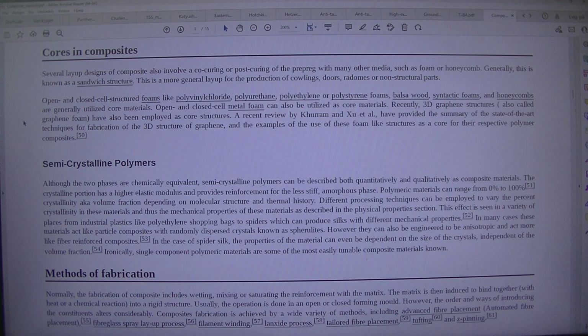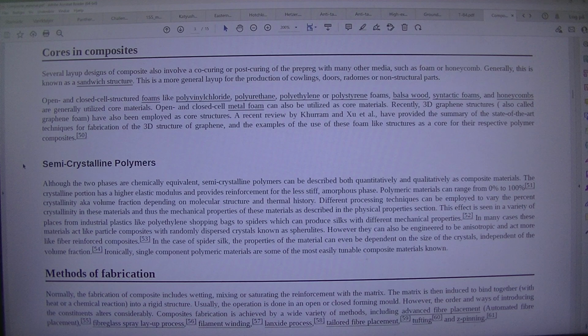Recently, 3D graphene structures, also called graphene foam, have also been employed as core structures. A recent review by Khurram and Xu et al. have provided the summary of the state-of-the-art techniques for fabrication of the 3D structure of graphene, and the examples of the use of these foam-like structures as a core for their respective polymer composites.